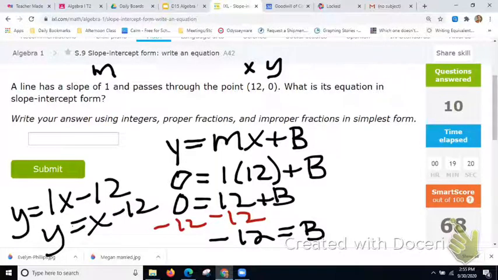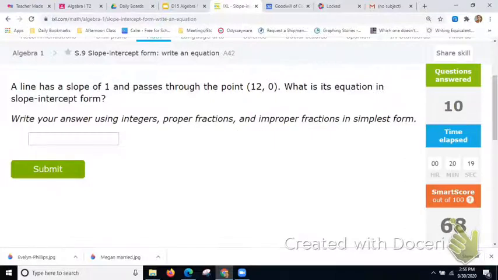And if I use that for the point I have, the x is 12, 12 minus 12 does equal 0. So y is equal to x minus 12.